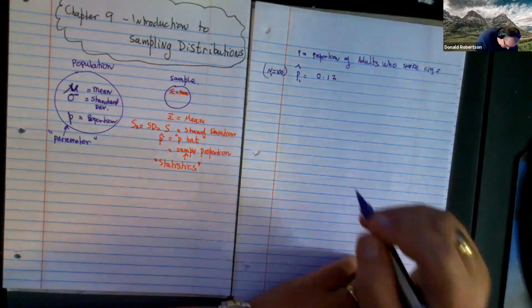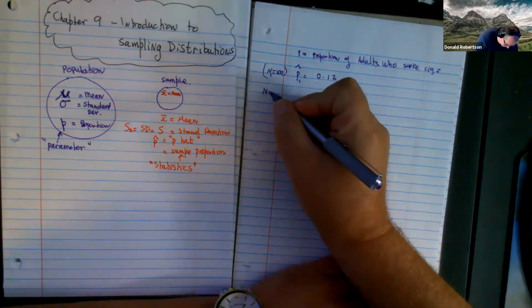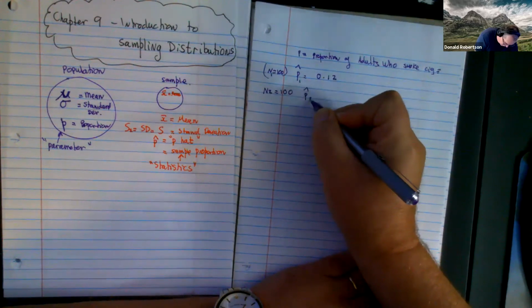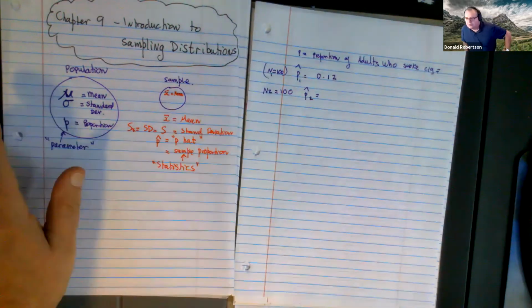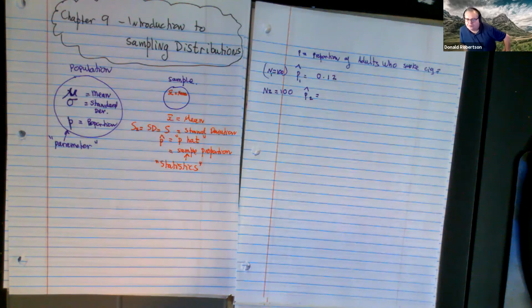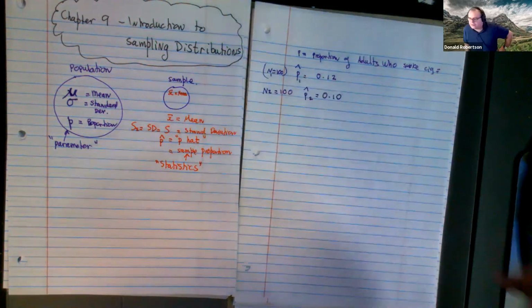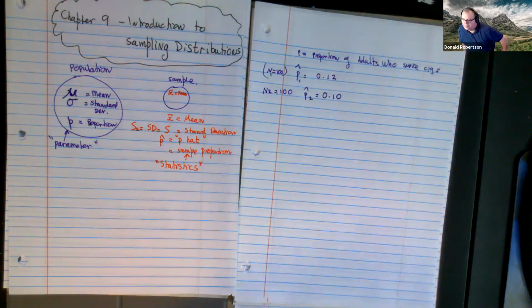So what we did in statistics is we said, well, suppose I went and did another different 100 people, and I found out what proportion of them smoke cigarettes. And the answer that I got was 10%. Can you imagine that could happen, right? A different 100 people, different number smoke.